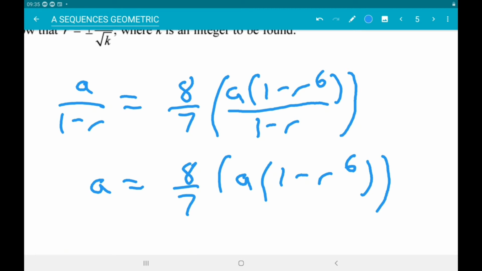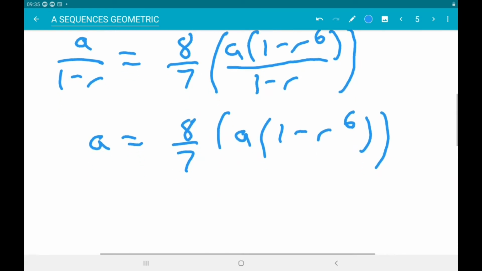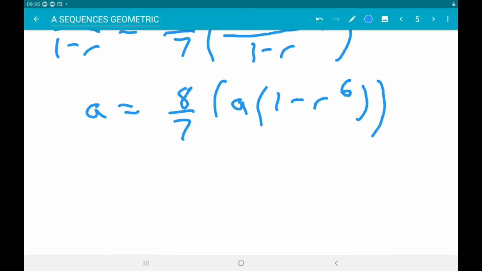Now, both sides have a common factor of a, so we can divide through by a. So we get 1 is 8/7 lots of 1 minus r to the 6.